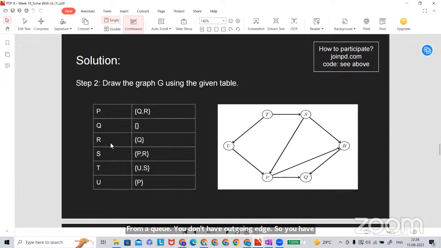From R, the outgoing edge is to Q. From S, the edges go to P and R.